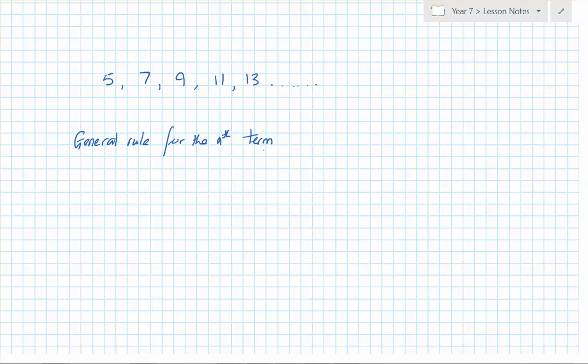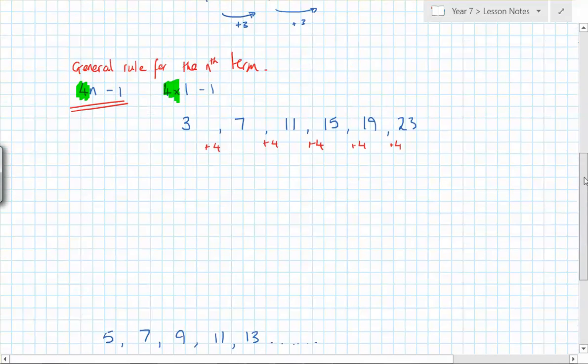Well, does 4n plus 1 also make 7? No. 4 times 2 plus 1 doesn't make 7, it makes 9. So that one doesn't work. Now what I think you didn't use is this thing that we know, which is that if it's 4n, the numbers have to go up in 4s.